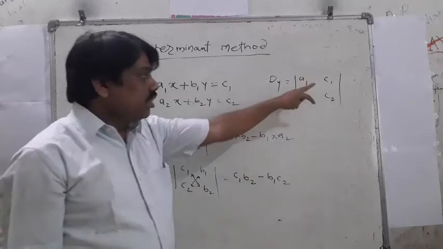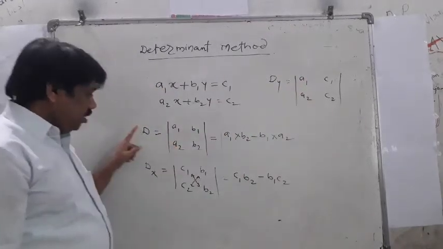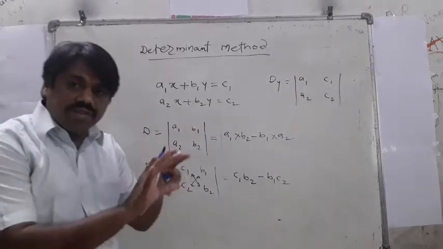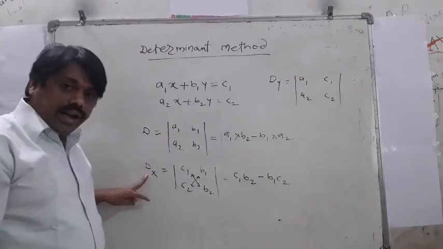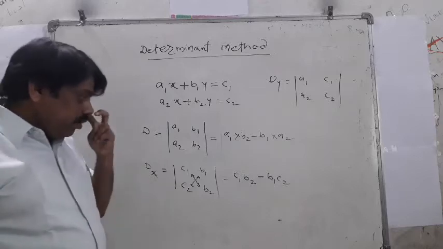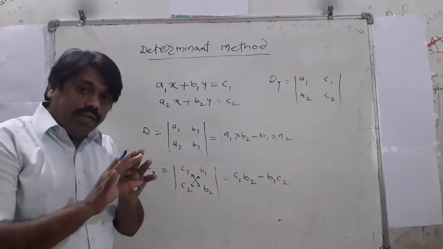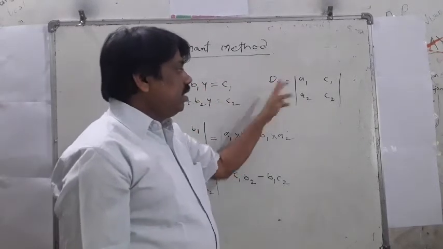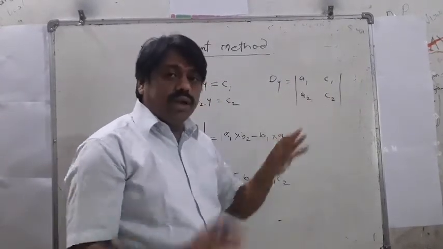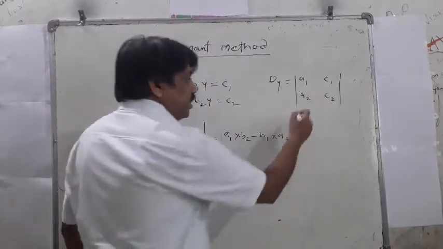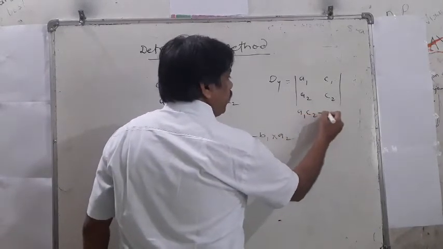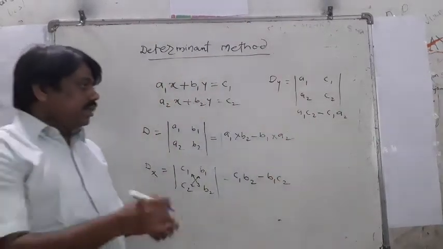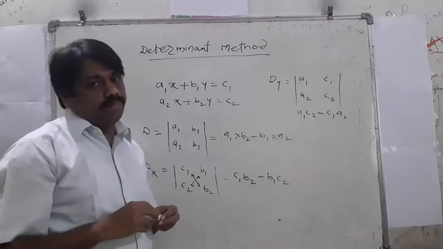That is the trick. For D, we take a1, a2, b1, b2; constants are not taken. For Dx, we take c1, c2, b1, b2, not the coefficients of x. For Dy, a1, a2, c1, c2, and therefore a1 c2 minus c1 a2. I think you should remember this.